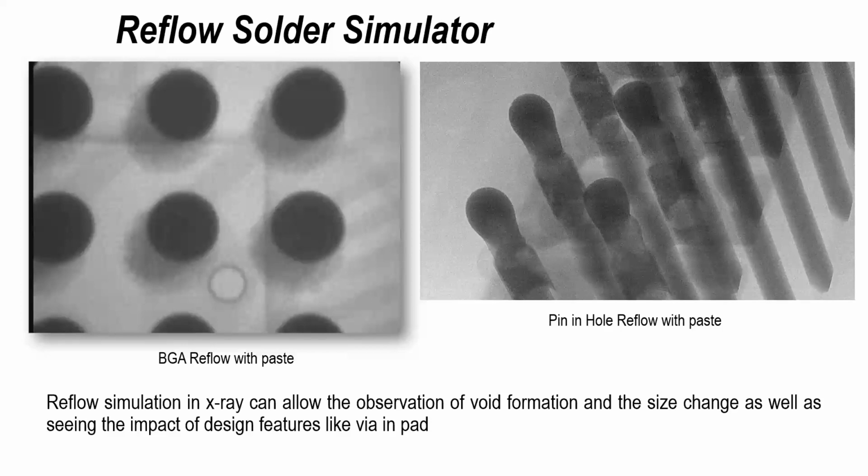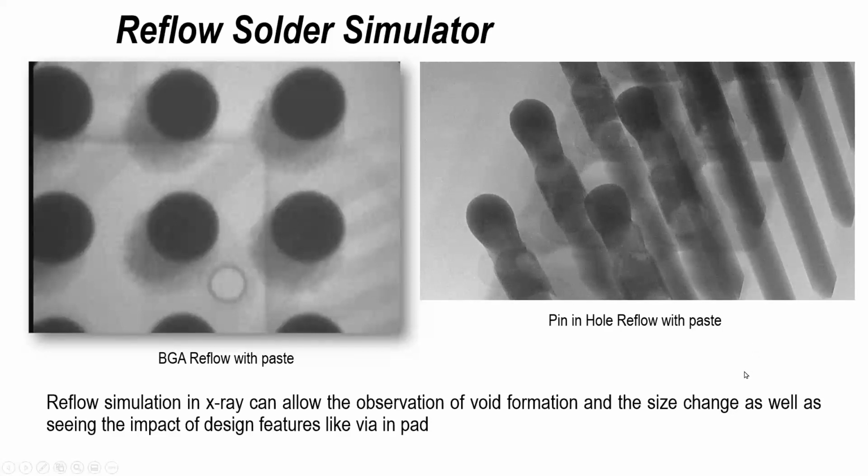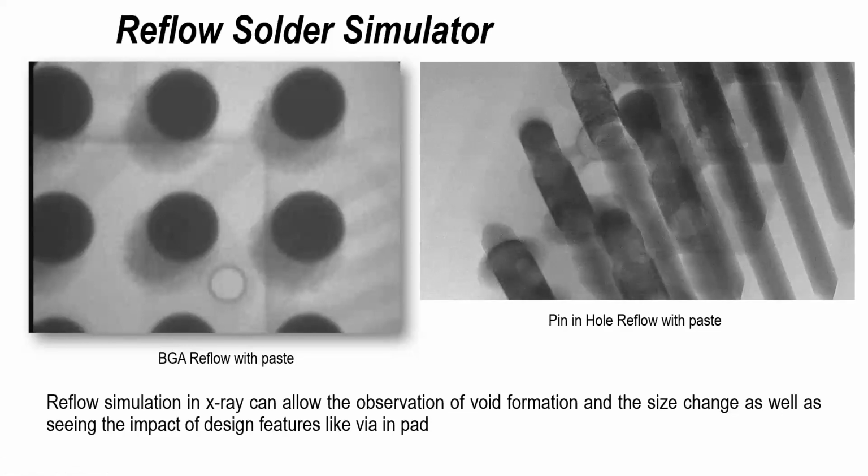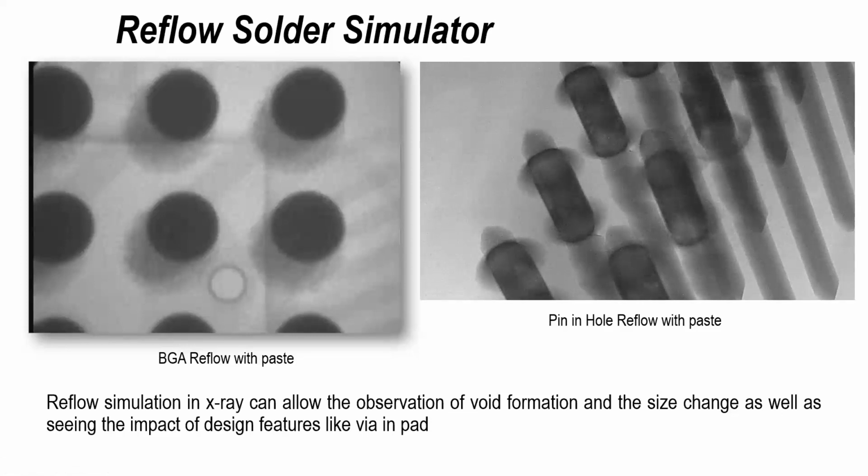And the first example is using video simulation but in X-ray for pin in paste. And what you're looking at is paste in a hole, but also on the tips of the pins. And as it's watching reflow all the time, as you're going through the process cycle, it gives you an indication of the amount of voiding that's taking place, whether one paste is voiding more in a plated through hole than the other.